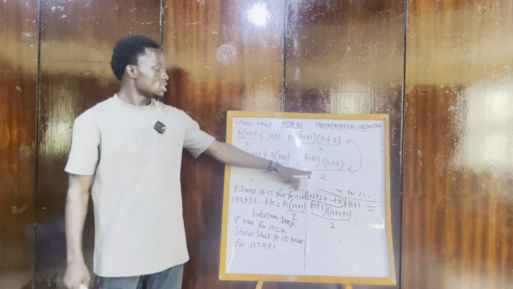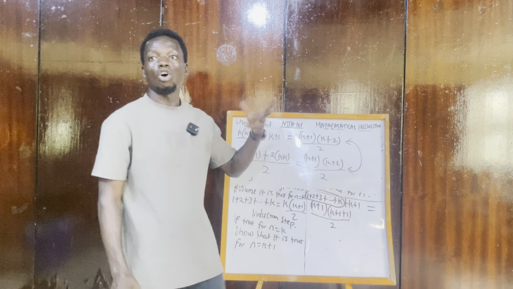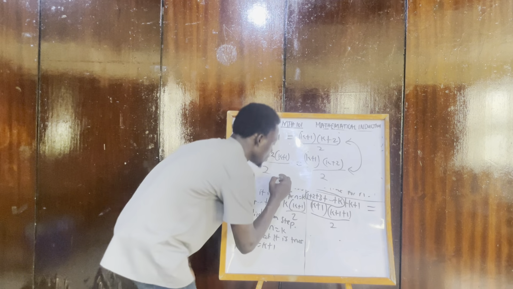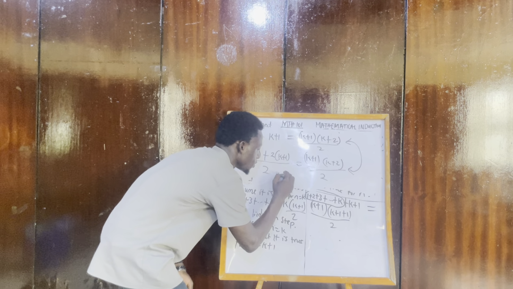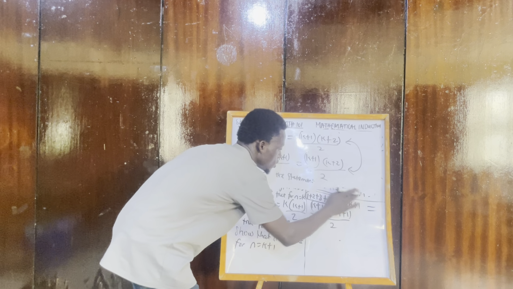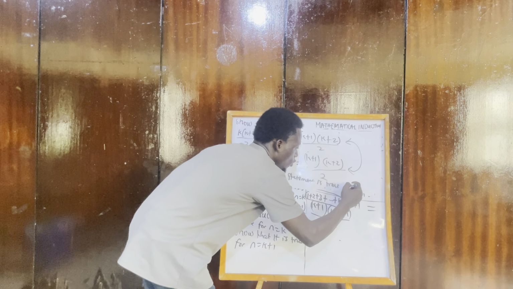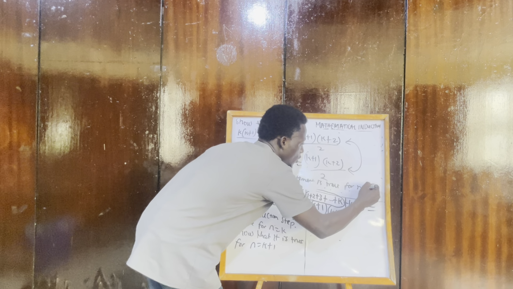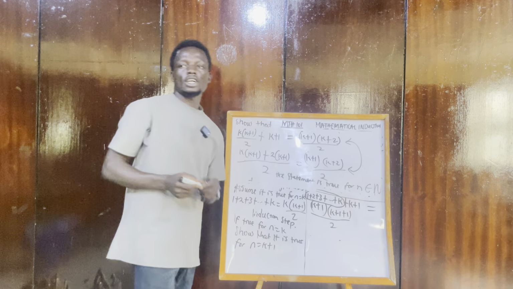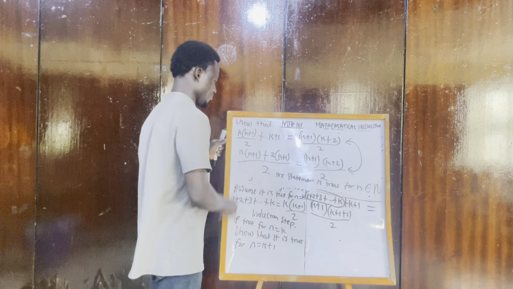So the fact that the two sides are now equal, you can conclude that the statement is true for all natural numbers of n. So now let's move to the next question.